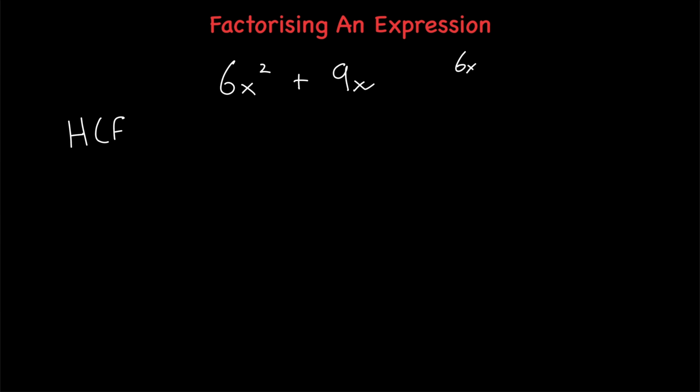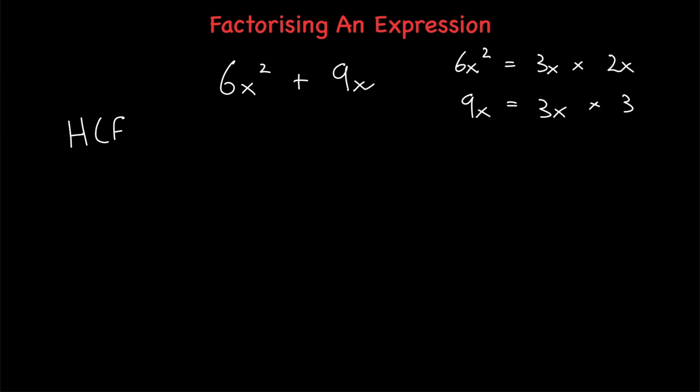In this case, it's a combination of a variable and a coefficient. So 6x squared is also the same as 3x times 2x. And 9x is the same as 3x times 3.